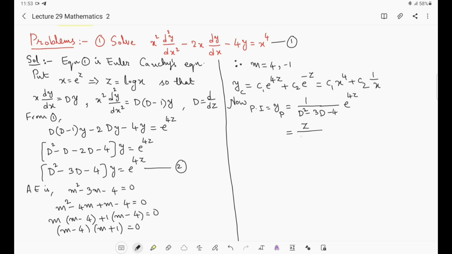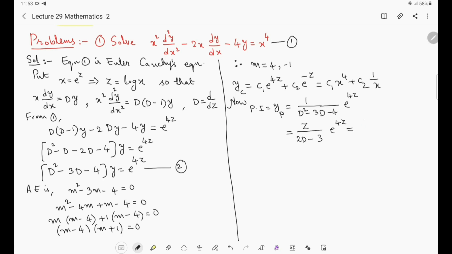When we differentiate the denominator, we get 2D minus 3 into e power 4z, right? Why are we doing this? The first step is, when e power ax is there, D should be replaced with a. When we replace D with a, we get 16 minus 12 minus 4, which becomes 0. That is why we multiply the numerator with z and differentiate the denominator.